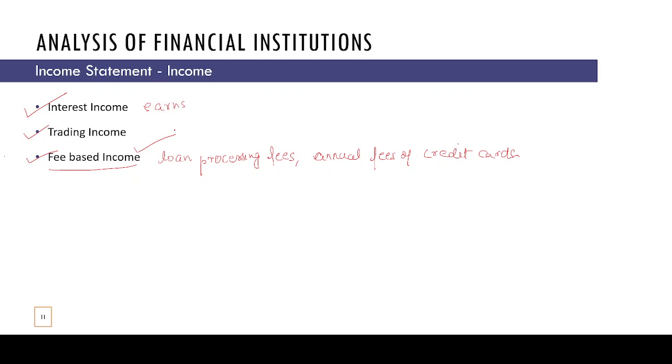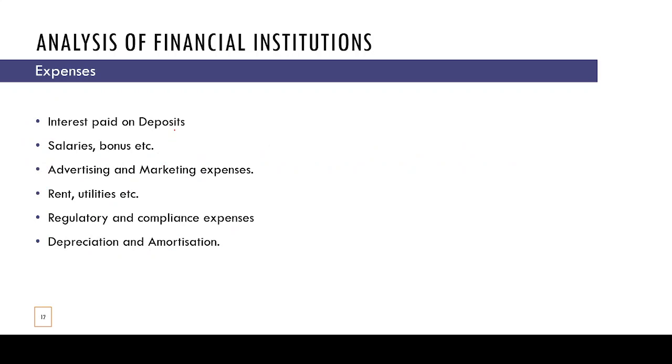Okay, now let's move on to the expenses. So the first expense that we are going to see is interest paid on deposits, right? So this forms the majority of the bank's expenses. Any salaries, bonuses paid to the employees would be the next kind of expense that we would see on the income statement of a bank.